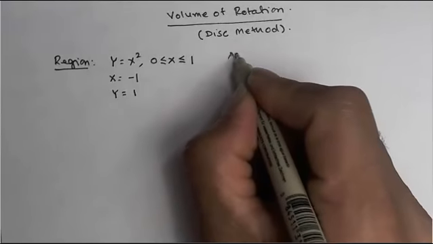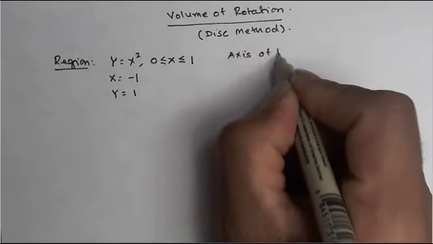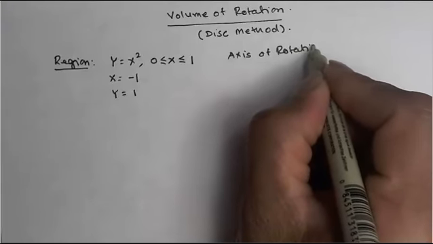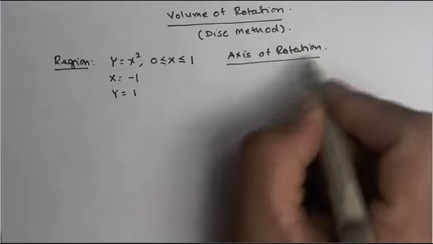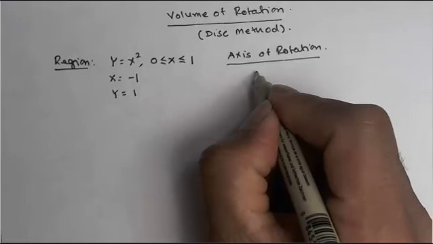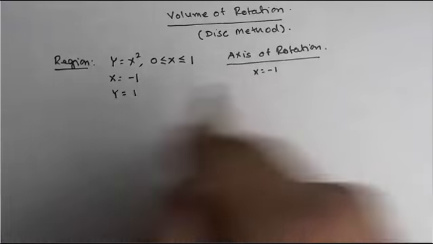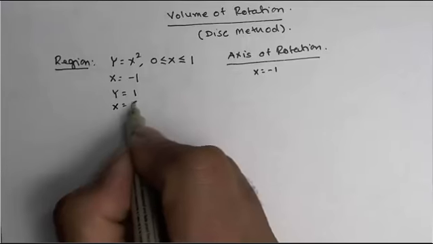And my axis of rotation is also x equal to minus 1. Oh, I guess I should add x equal to 0 as well.